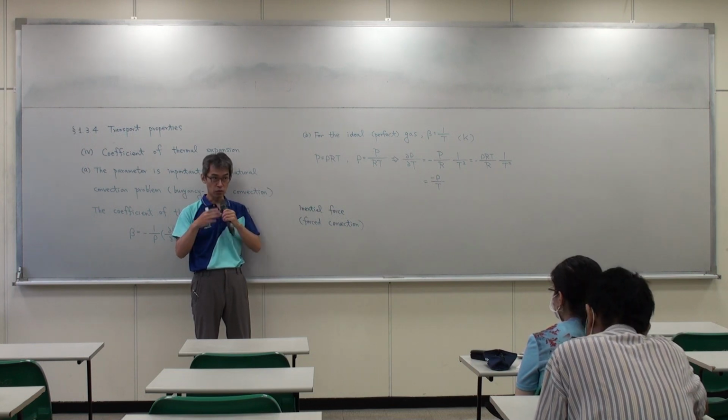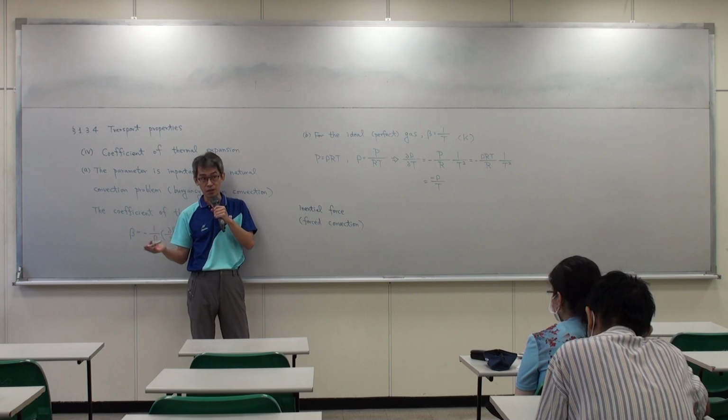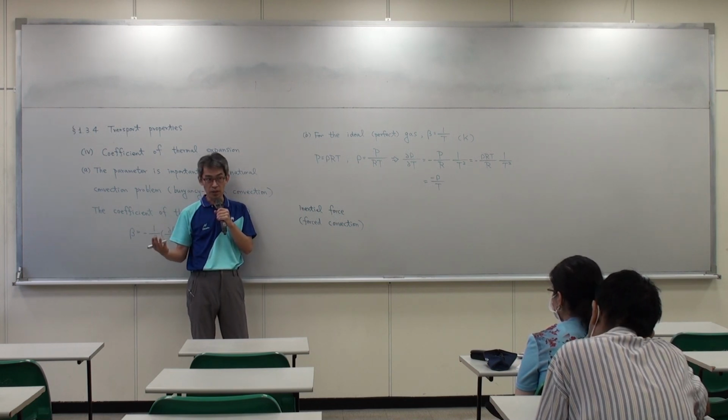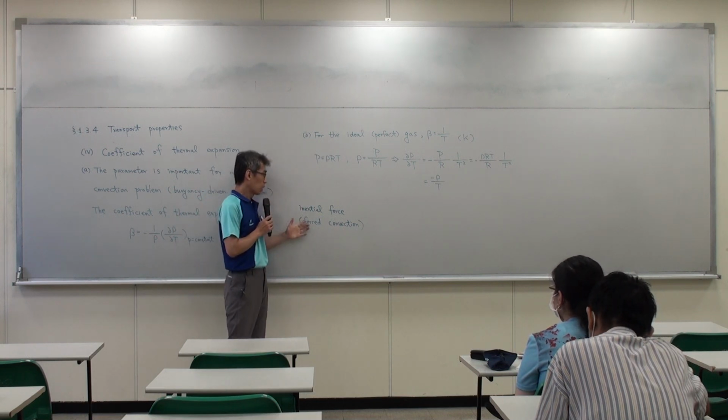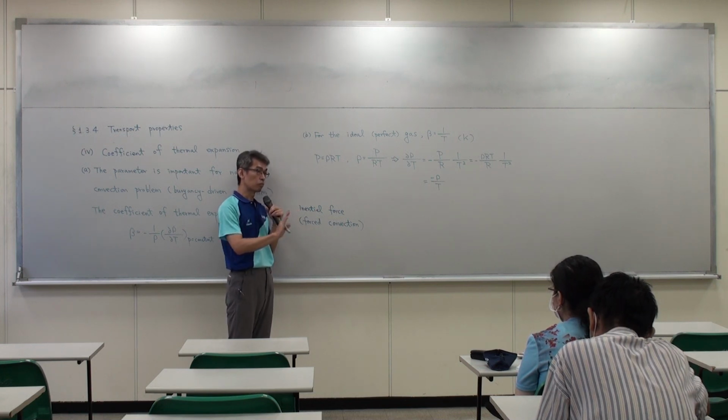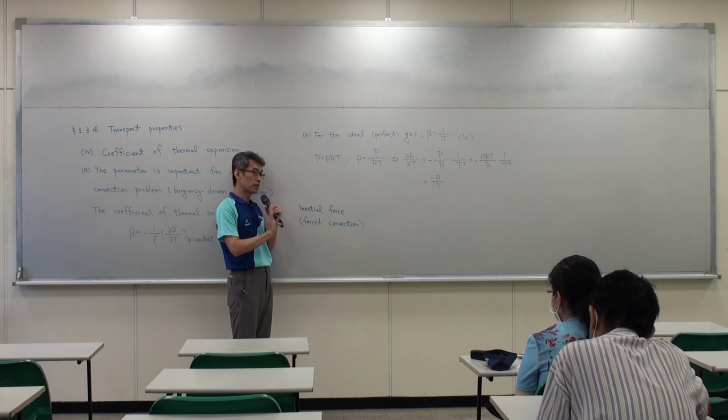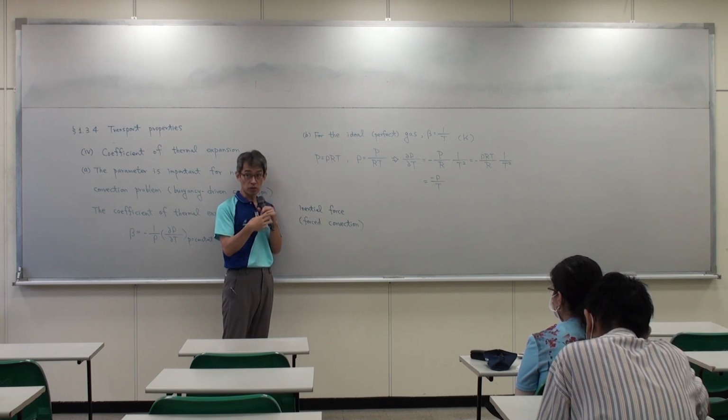External force comes to the second law: external force leads to the acceleration of a particle. But here, because you create a constant velocity, this constant velocity makes this motion. That's why we call this inertial force.